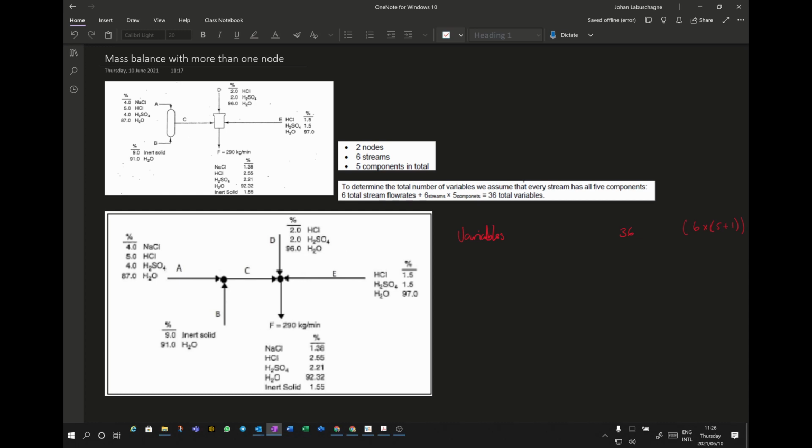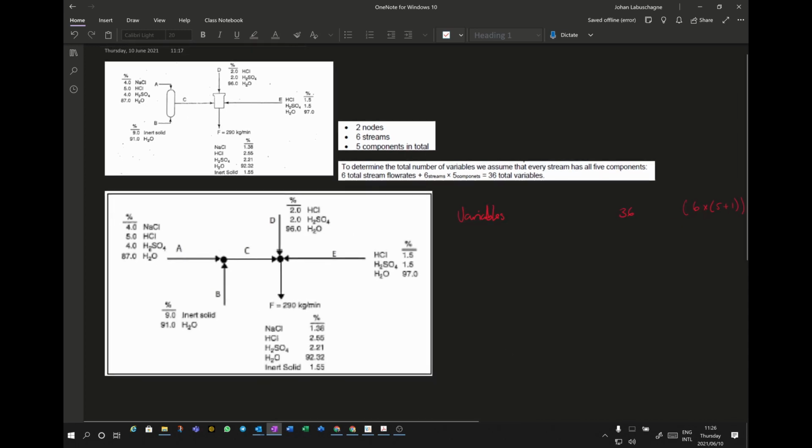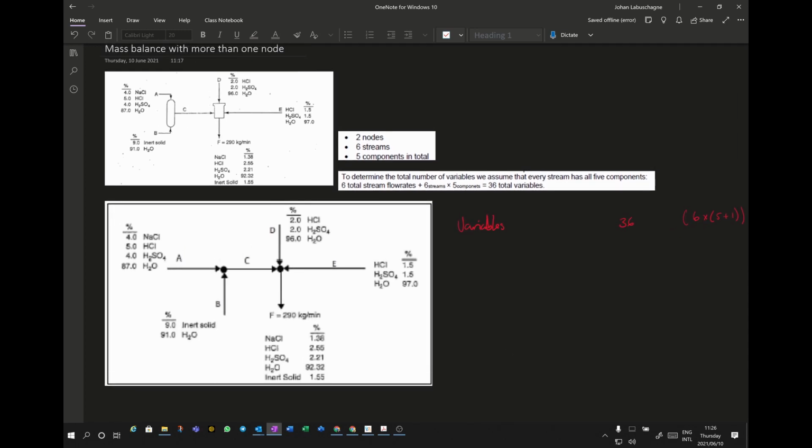Next, we need to calculate the knowns. You can also refer to this as assigning equations or knowns. And we get to this by counting everything that is given to us that we know. 1, 2, 3, 4 compositions in stream A, 5, 6 with the compositions in B, 7, 8, 9, 10, 11, 12, 13, 14, 15, 16, 17, and including this flow rate, 18 knowns.